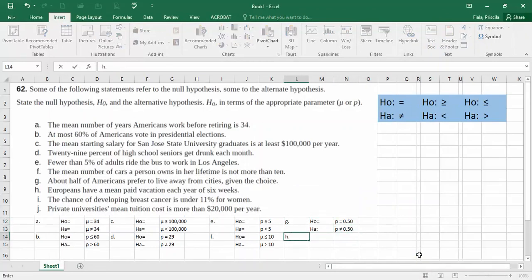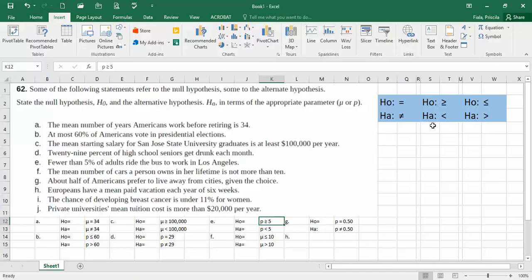Let's try H. Europeans have a mean paid vacation each year of 6 weeks. Well, mean right there is telling you you're working with a single mean, and it's telling you they have a paid vacation each year of 6 weeks. It's telling you it's not less, not more. They're telling you it's 6.